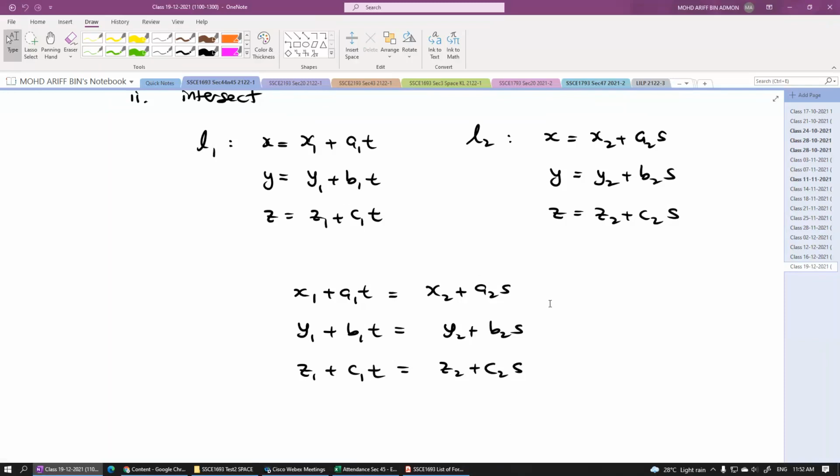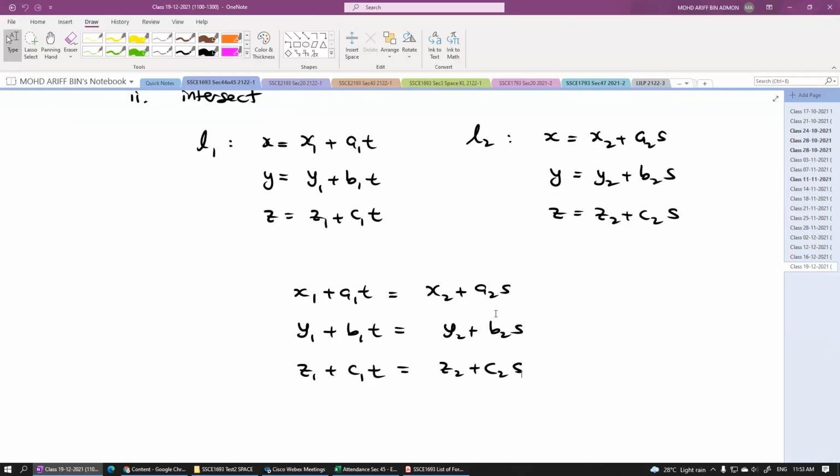If you have less than two, you cannot find either s or t. If you have two, you can find exactly what your s and t are. If you have more, you have to check the extra equation to make sure the values of s and t you obtained from the two equations are correct.